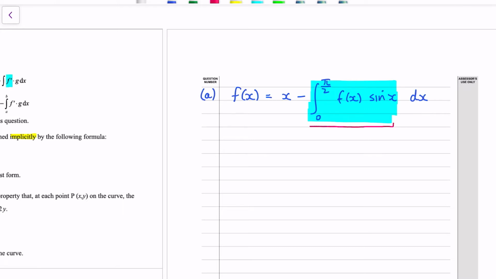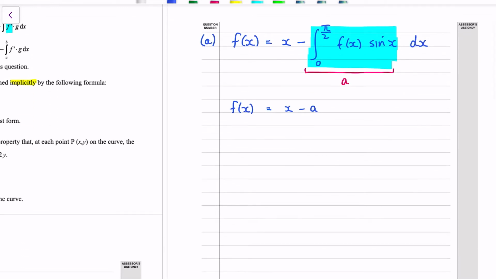This whole thing, and in the mark schedule they label it A. It's just a value. It could be 2, it could be 5, it could be negative, but it's just a number. That tells us that our function is just a linear function, x minus a. Now that's not sufficient. We need to now find the value of a. But because we know it's a linear function, we can now use the integration by parts formula.